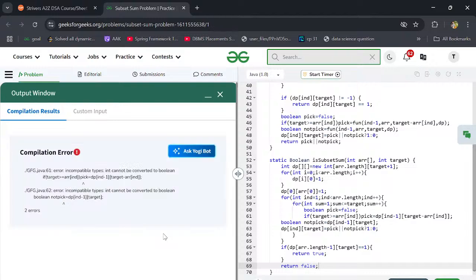This one is pass. Oh, sorry, I thought it was pass. Okay, it was boolean. You're passing. Okay, that's nice.